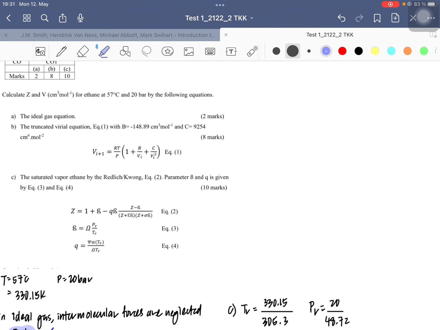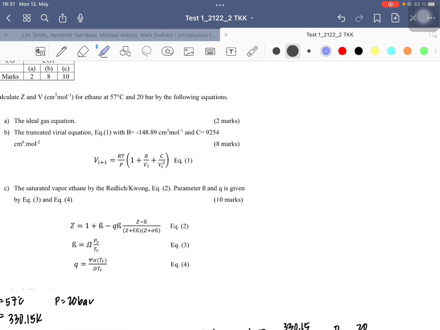So again, we have this truncated virial equation. It's just a matter of plugging in the values. For the gas constant, you have to find a gas constant that is suitable for the equation.